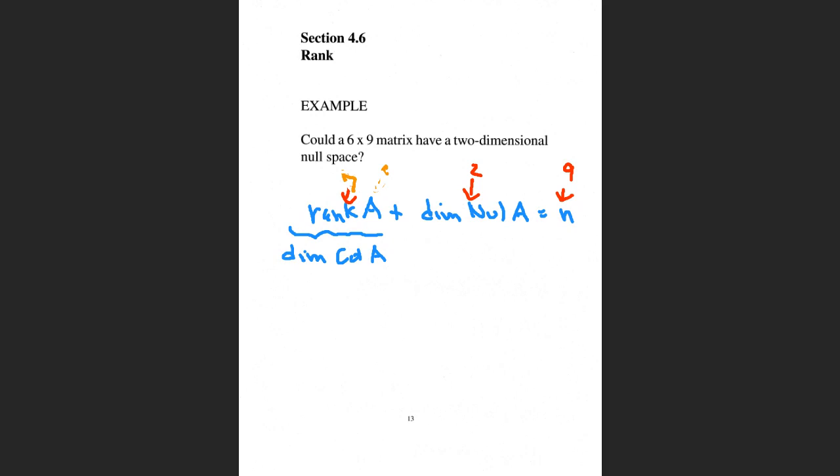In other words, could a basis for the column space of A consist of 7 vectors? 7 linearly independent vectors. Mikhail, why don't you think so?